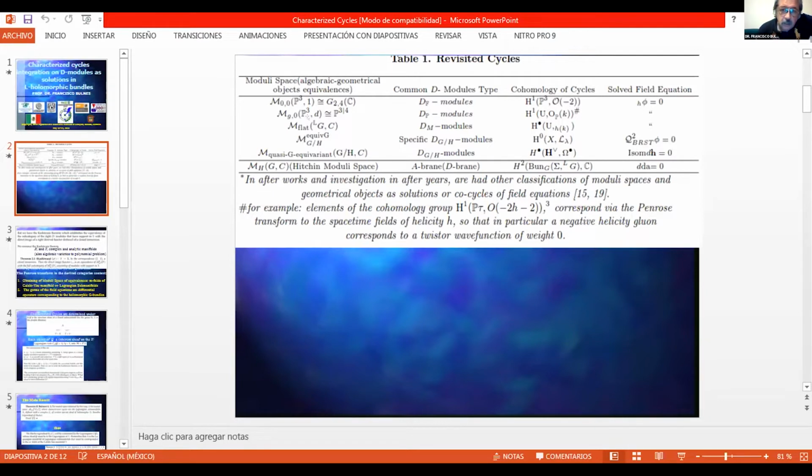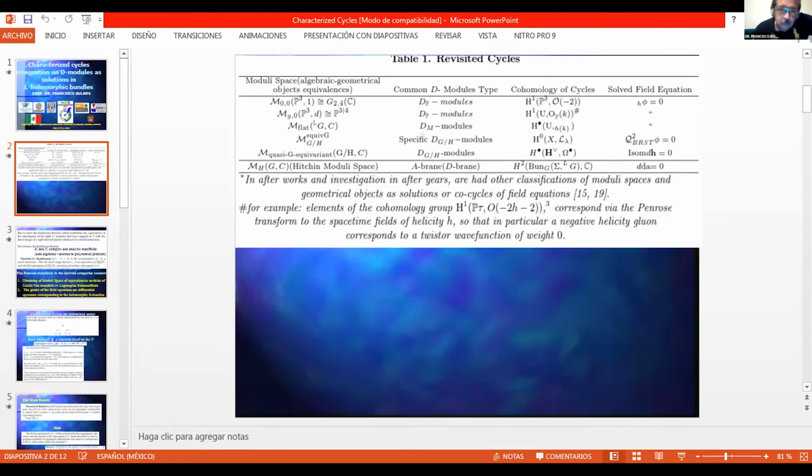In this table, in the first column, we have the different moduli spaces obtained in this theory. The first three lines are the classic moduli spaces studied in twistor theory and other theories.